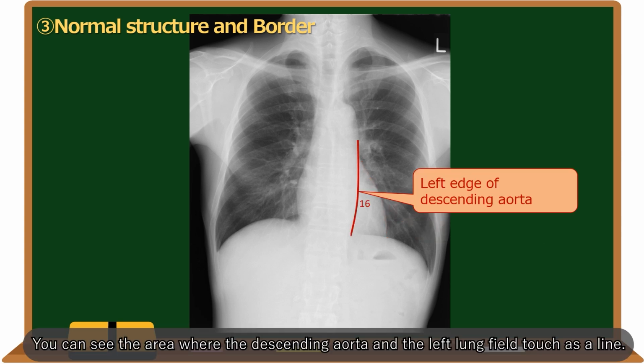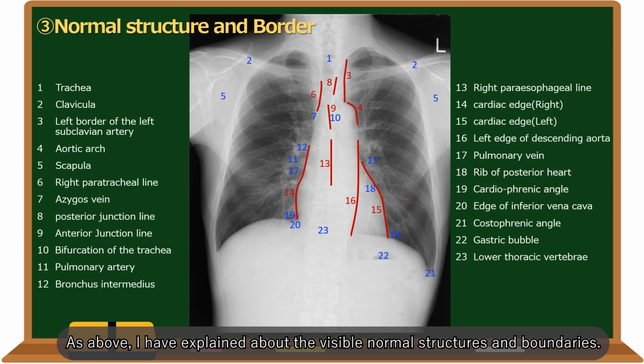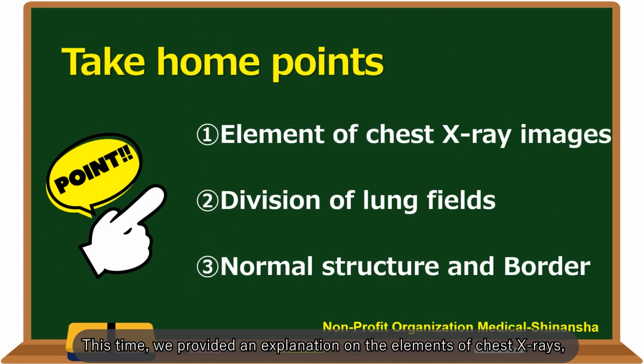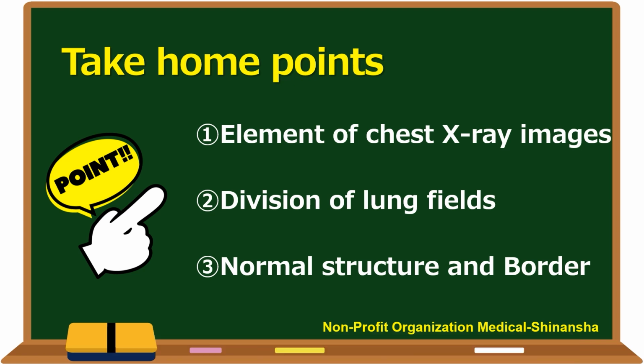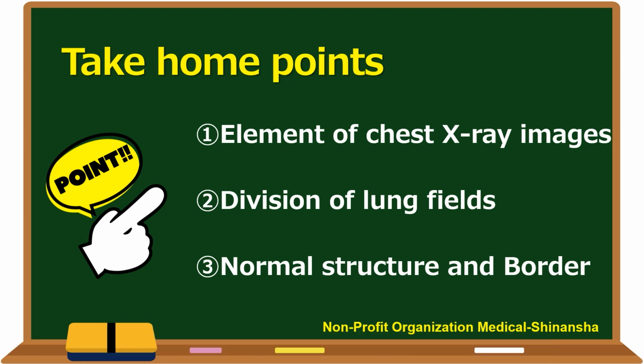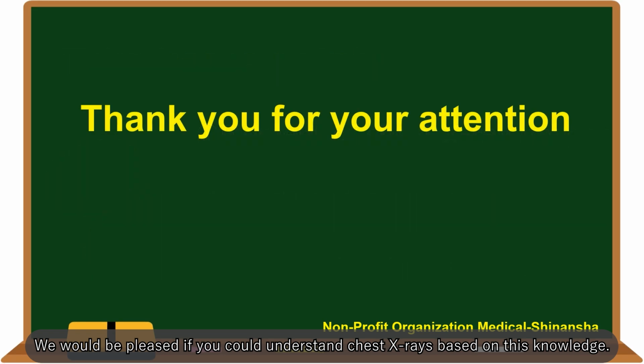You can see the area where the descending aorta and the left lung field touch as a line. As above, I have explained about the visible normal structures and boundaries. This time, we provided an explanation on the elements of chest X-rays, subdivisions of the lung field, and normal structures and boundaries. We would be pleased if you could understand chest X-rays based on this knowledge.